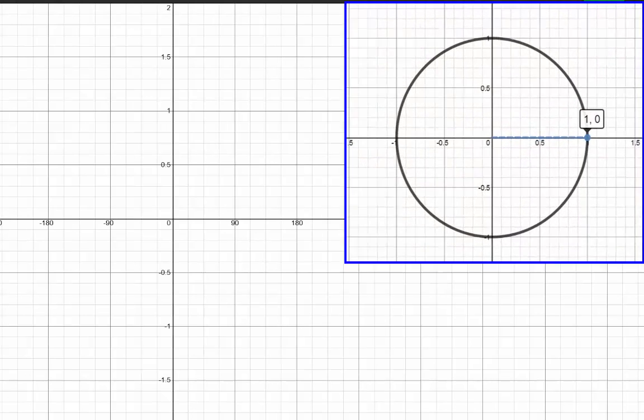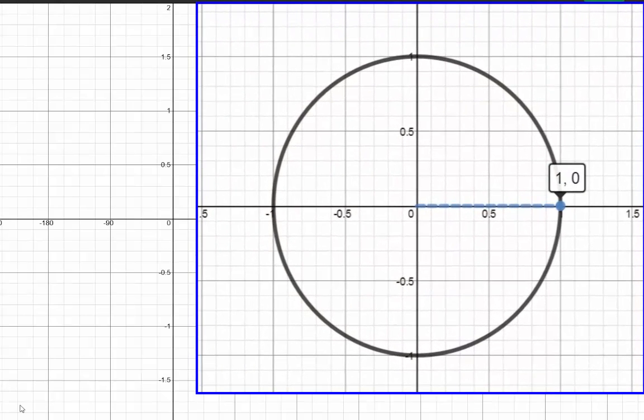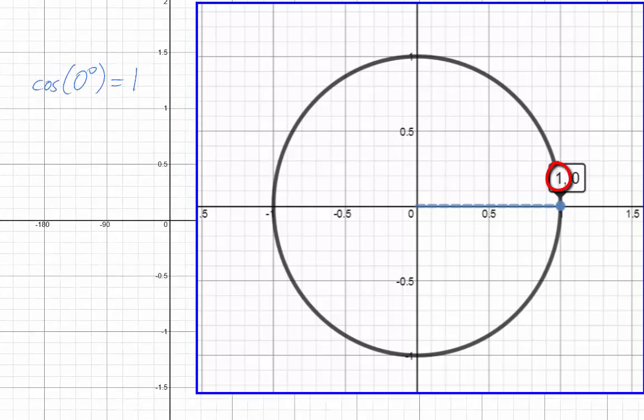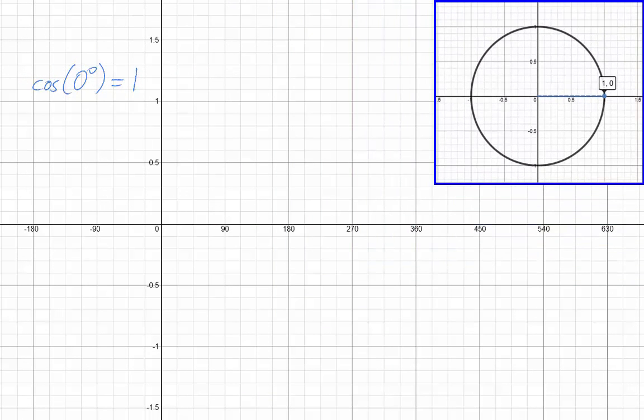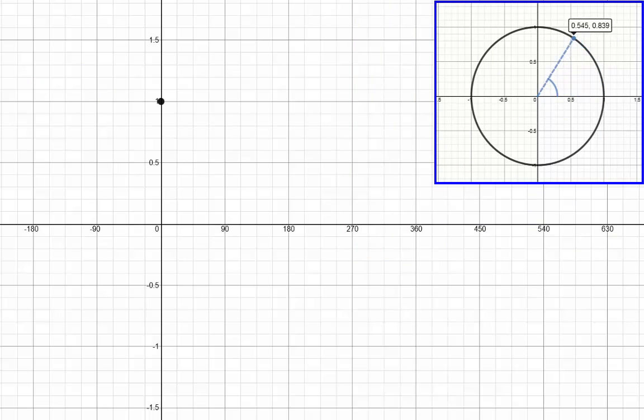Let's work out a few points that go on the graph. If we have an angle of 0 degrees, we can see that cos 0 degrees equals 1. So let's plot 0, 1 on our graph. If we move the angle to 90 degrees, the cos value is 0, so that gives the point 90, 0. Moving through the second quadrant to 180 degrees gives us cos 180 degrees equals -1, so we can plot 180, -1.